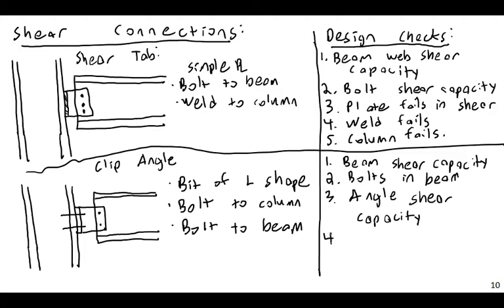Four, the bolts joining the clip to the column. And five, the column itself. And each of these would contribute to the shear capacity of the connection.